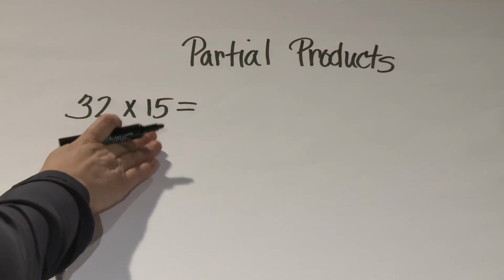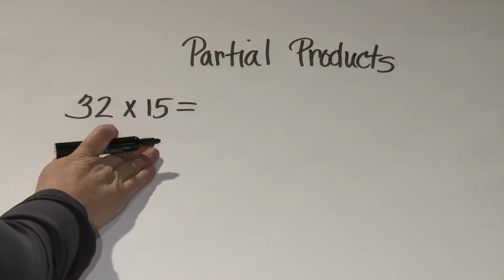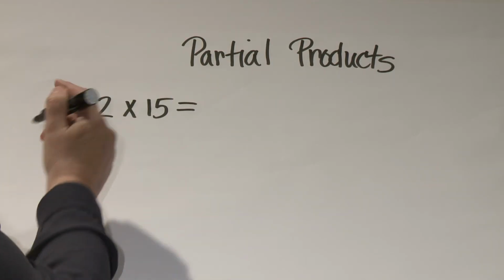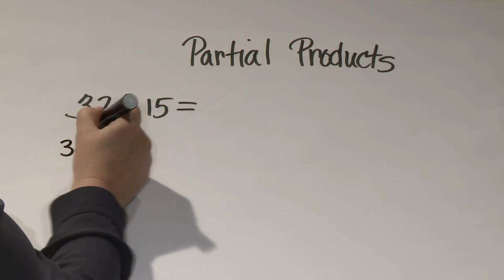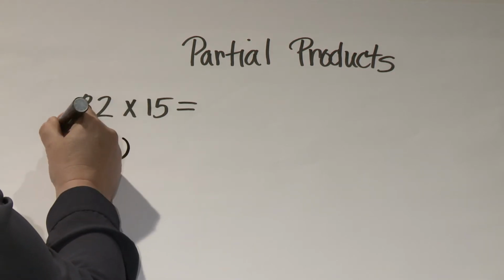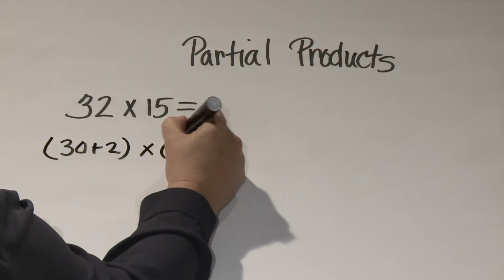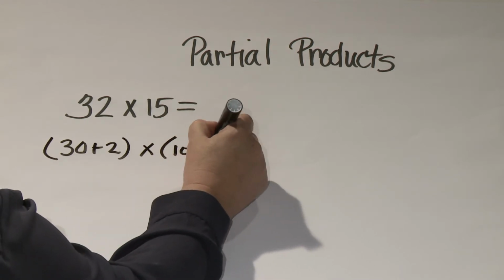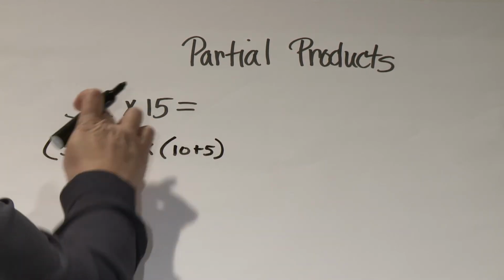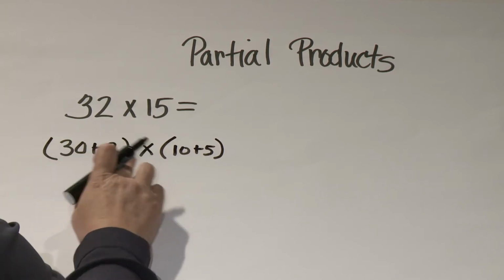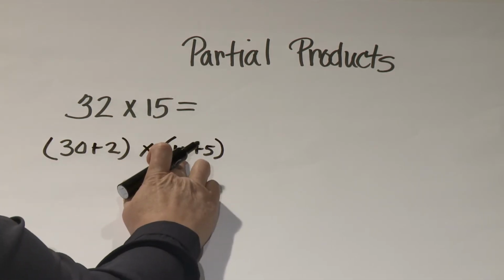Let's take a look at 32 times 15. For this problem, we will break apart both factors. So here we have 32, 30 plus 2, times 15 broken apart as 10 plus 5.